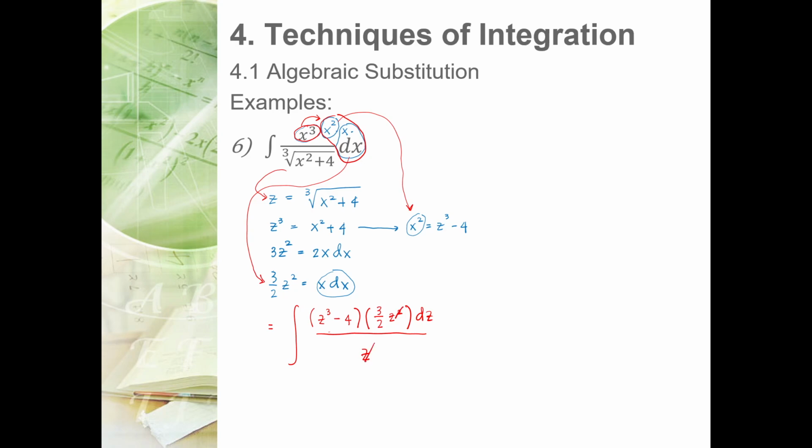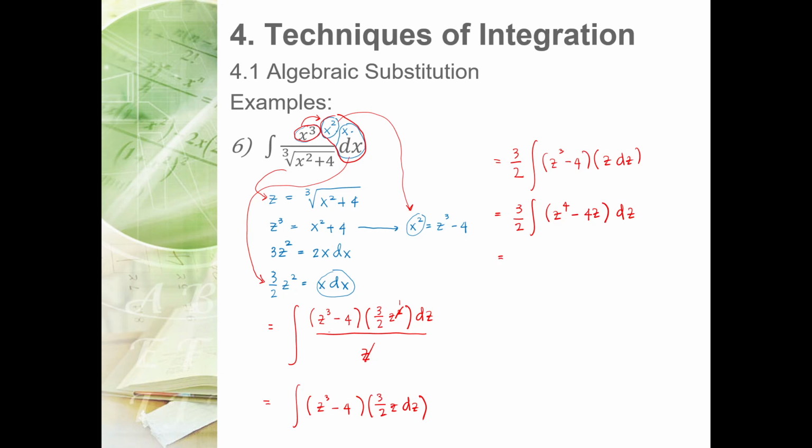Taking one z out, the equation becomes z cubed minus 4 and then 3 halves z dz. We can further take out the constant: 3 halves integral of z cubed minus 4 times z dz. Simplifying further, we now have z to the power of 4 minus 4z dz.